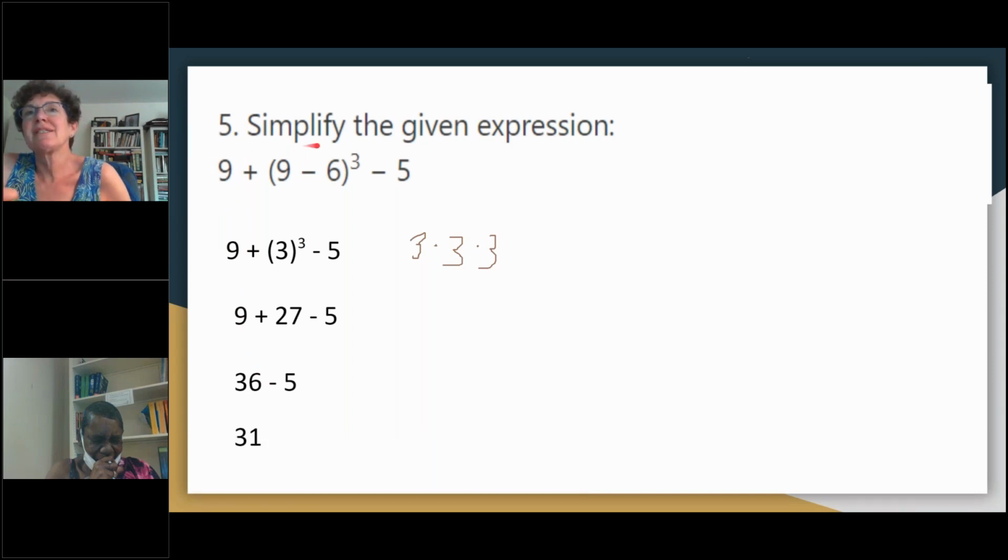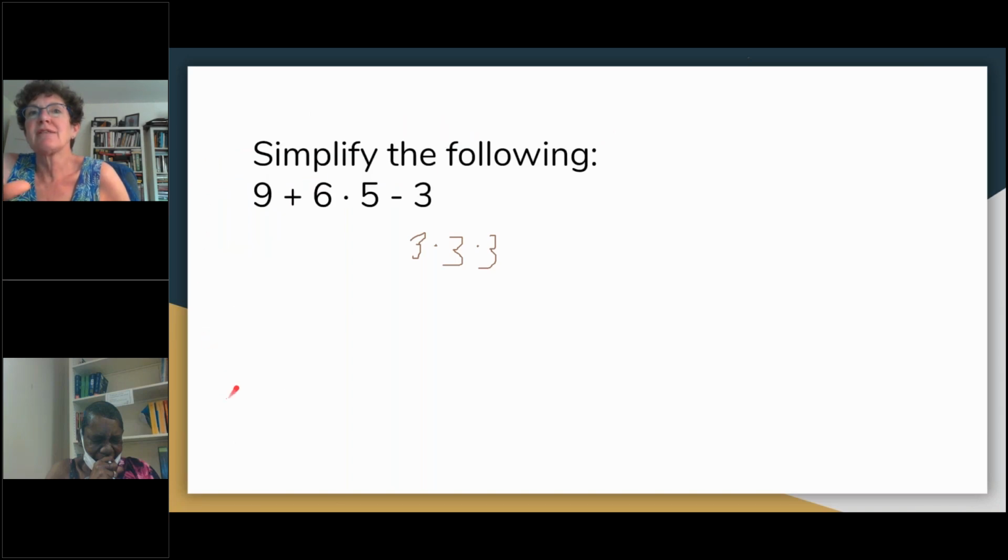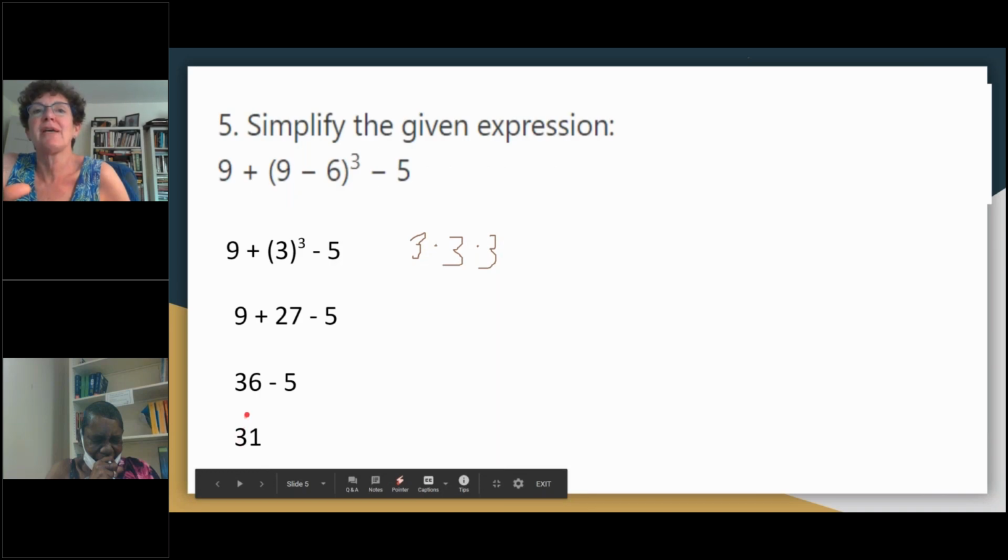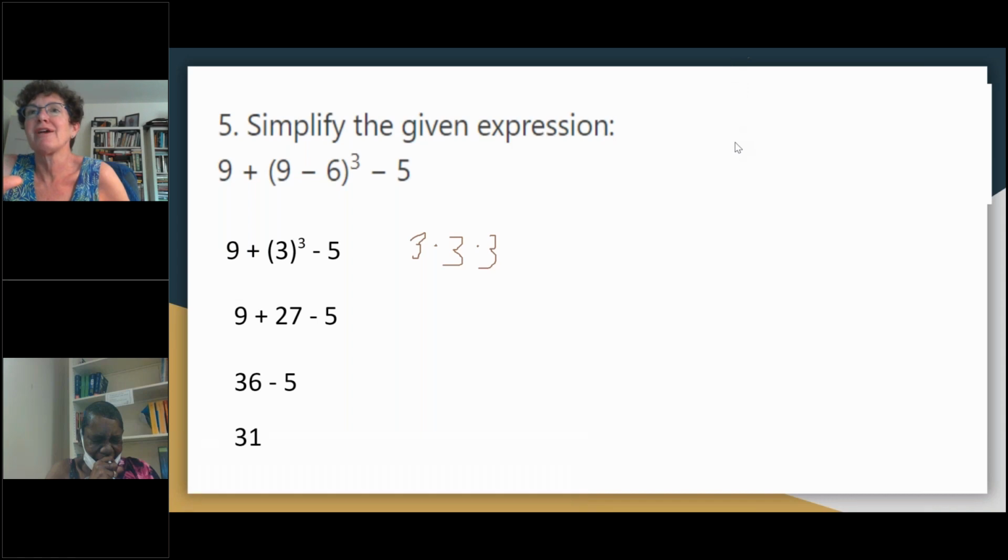This is what it means to simplify the expression. We have taken all these numbers and all these operations and simplified it to 31. Much easier to work with than all that other stuff, right?